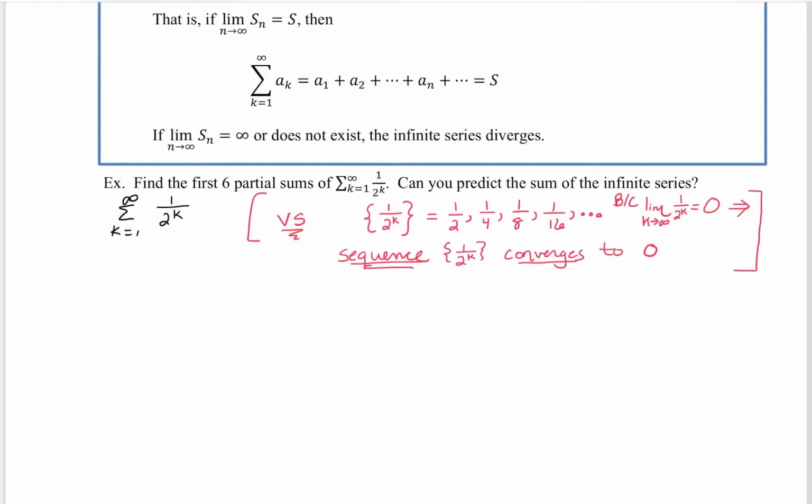So that's like an 8.1 problem, looking at just that collection of points and what value, if any, those points are approaching. Here, though, we have something very different.